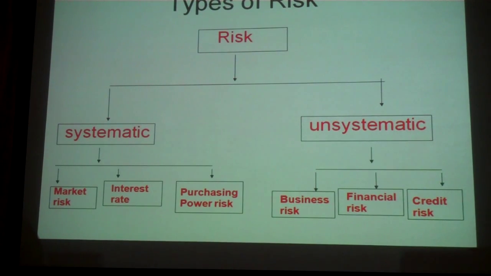Take today's price minus 1 month back price divided by 1 month back price. Like that, do the 12 months calculation and keep it in one column: 1, 2, 3, up to 12. Run a correlation, that should be negative. Then it is a good stock to buy. Already if you have one stock in hand, what should be the other stock you have to buy? That stock which has a negative correlation with this stock.